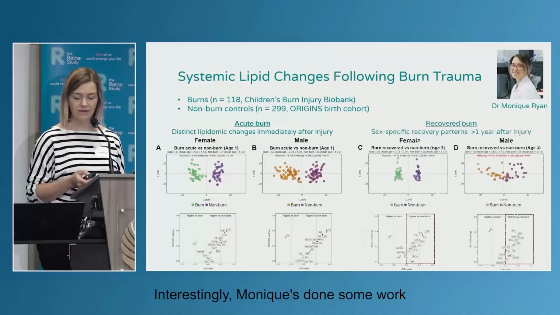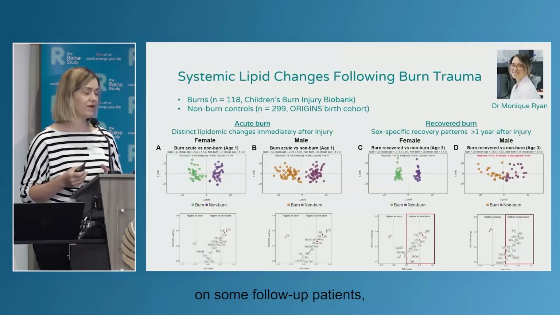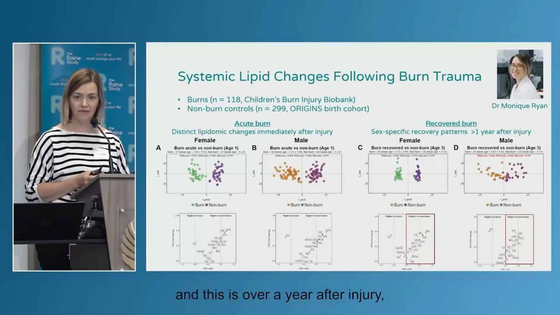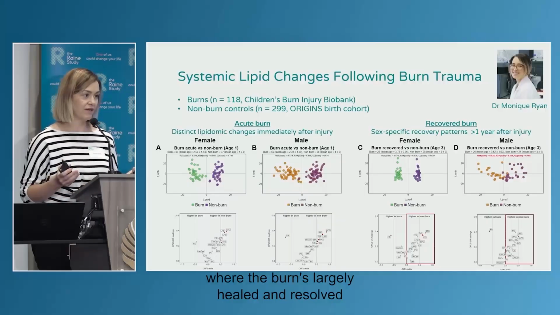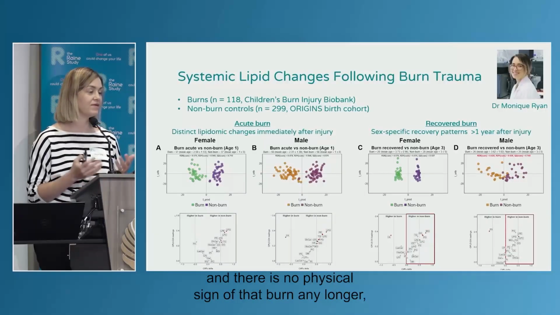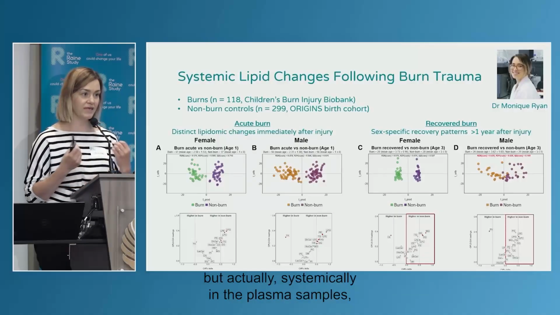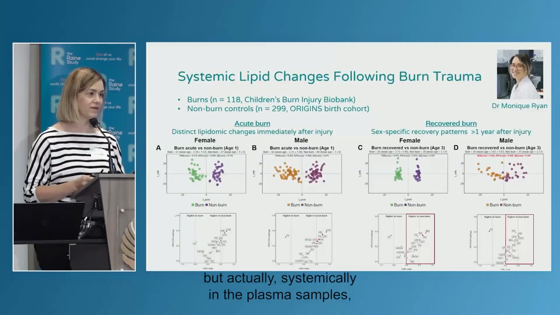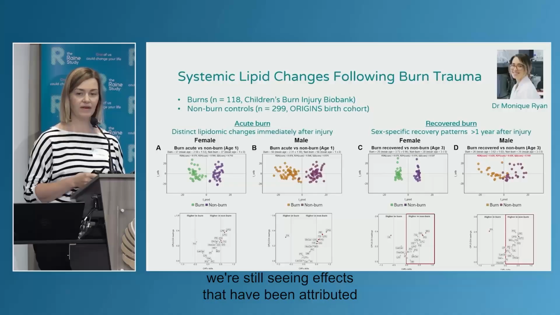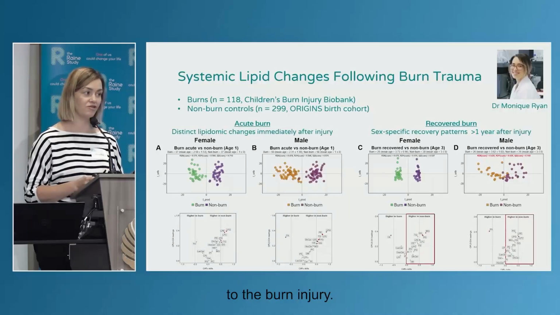Interestingly, Monique's done some work on some follow-up patients, and this is over a year after injury, where the burn's largely healed and resolved and there is no physical sign of that burn any longer. But actually, systemically in the plasma samples, we're still seeing effects that have been attributed to the burn injury.